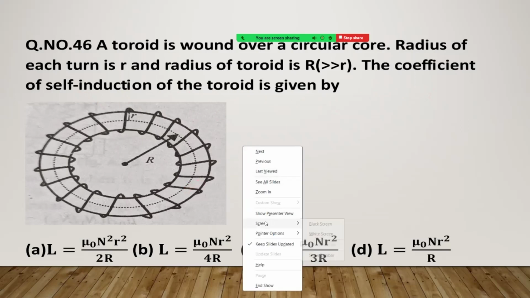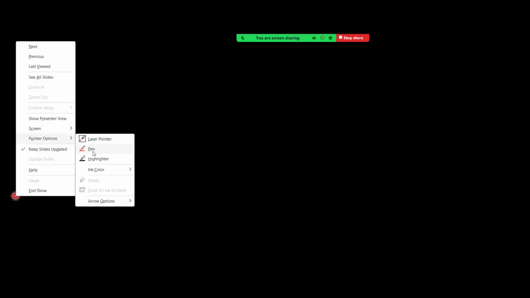So we have to focus on how to calculate self-induction. We have learned that whenever you want to calculate the coefficient of self-induction or mutual induction, first we have to focus on the flux. That flux equals L into I. If you want to calculate M, it is M into I. So first we have to find the flux.